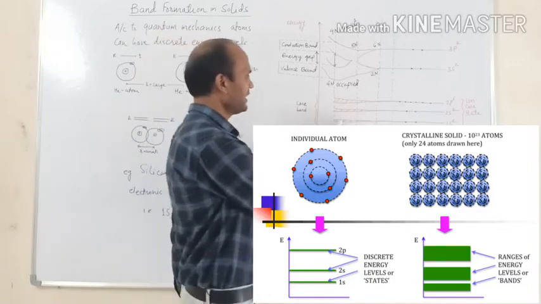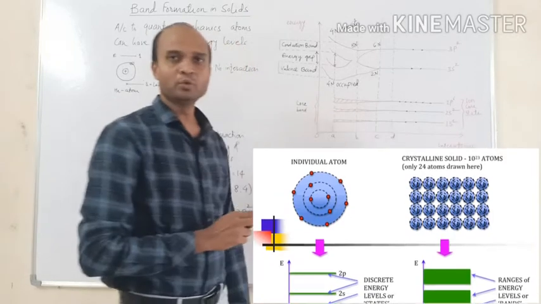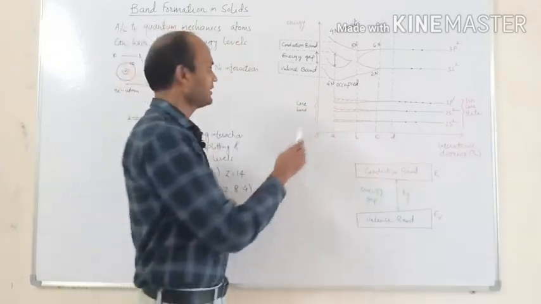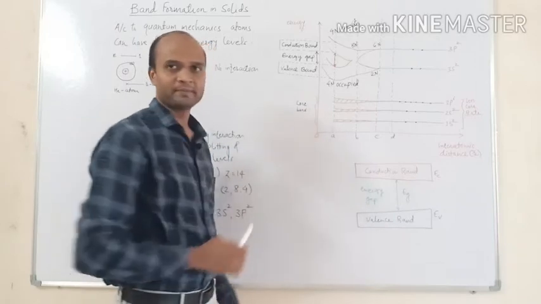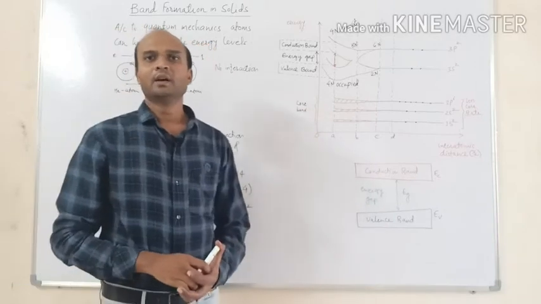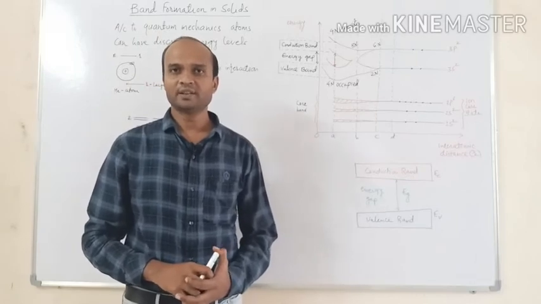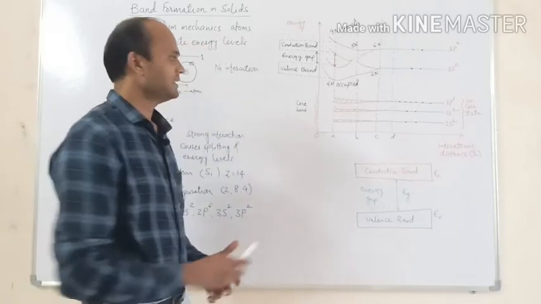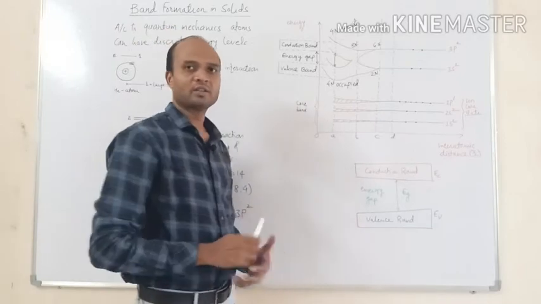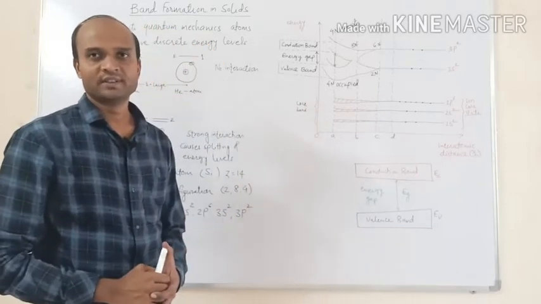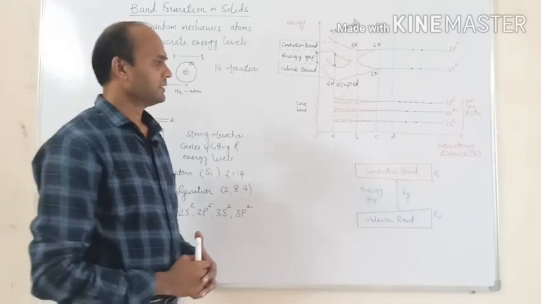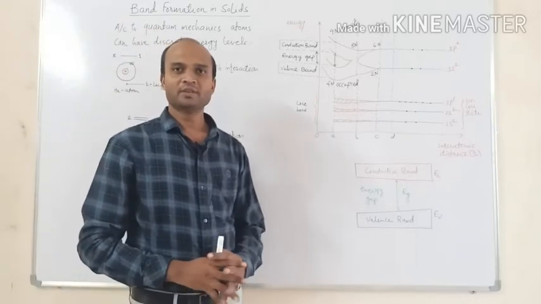So the energy bands formed due to inner orbits or inner shells are called core bands. And when we study electrical conduction in solids, these bands are not of importance. They have less importance. Less means actually no importance.